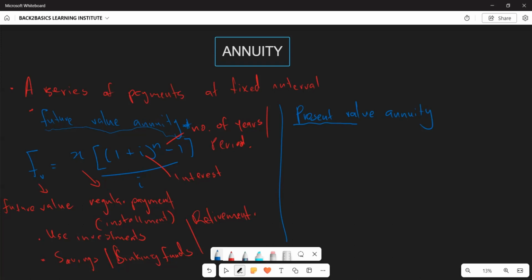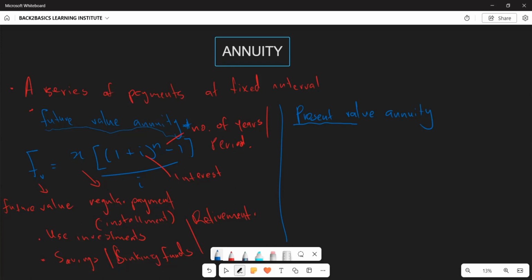Now, let me just give you a little bit of an example. Let's say now you need a loan for, let's say, educational purposes, right? So you are going to request, let's say, a financial institution to lend you, let's say, 50K.